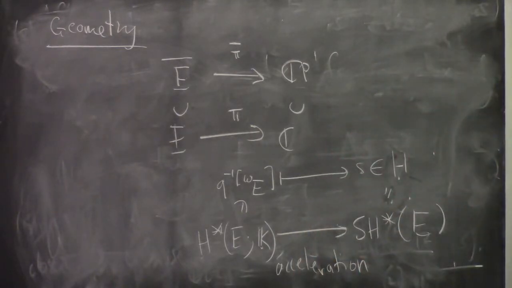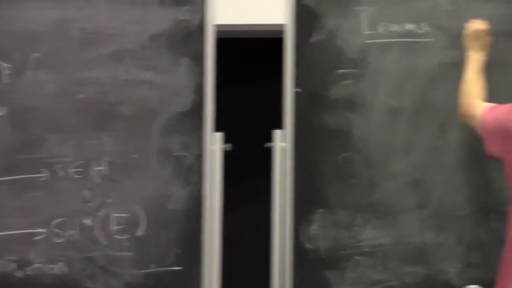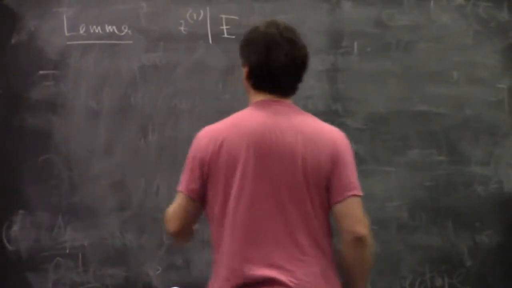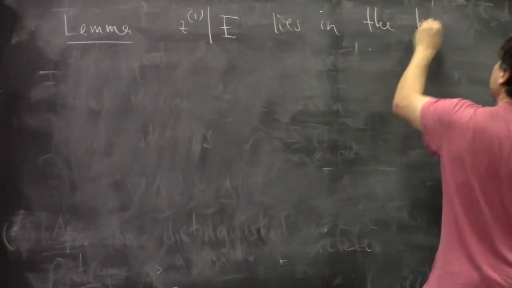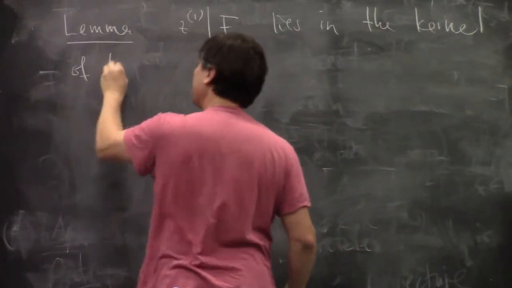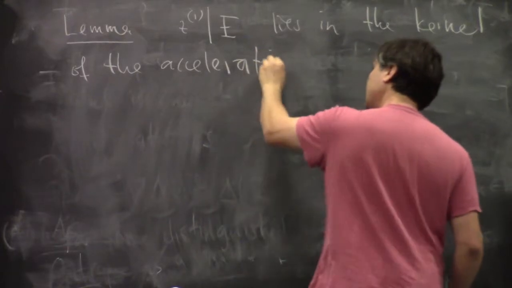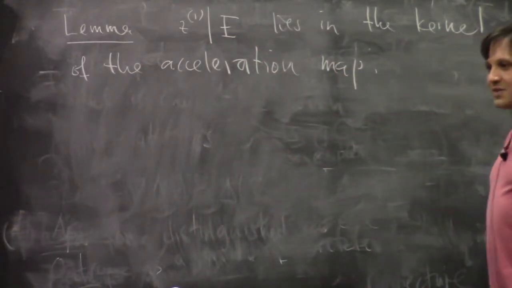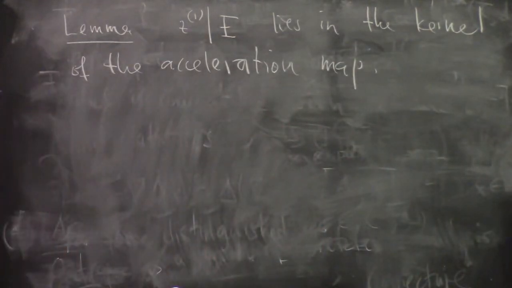But there is a simple lemma, which is that Z1, a cohomology class in E bar, if you restrict it to E, lies in the kernel of the acceleration. Actually, traces of this go back in the literature more than 15 years, just nobody seemed to notice.